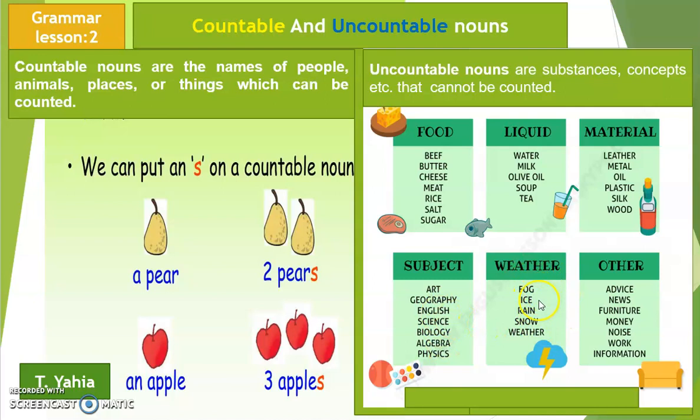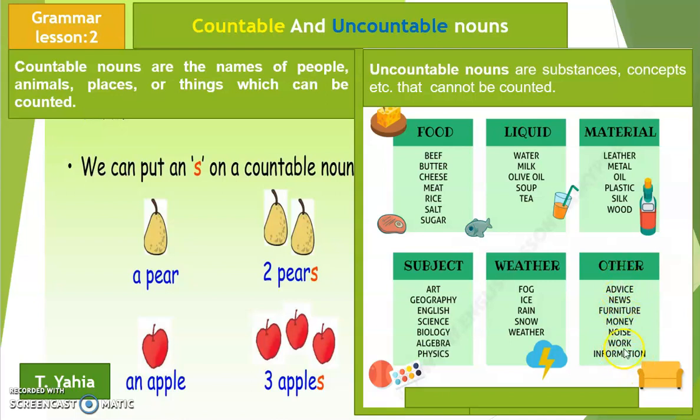The weather: fog, ice, rain, snow. Even so, we can't count them as numbers. We cannot say, for example, one fog or one ice or one rain. And others, such as advice, news, furniture, money, noise, work, and information. Even these we can't count.